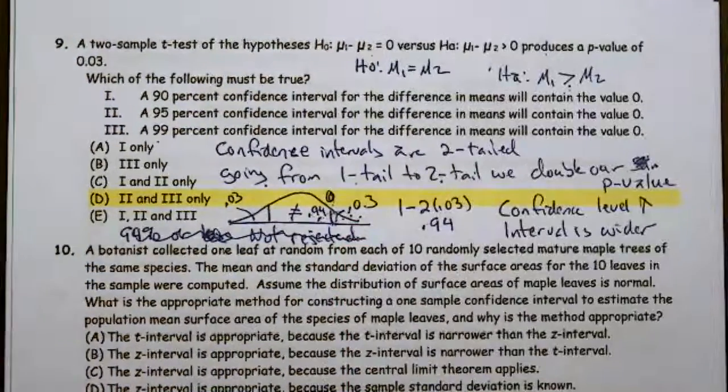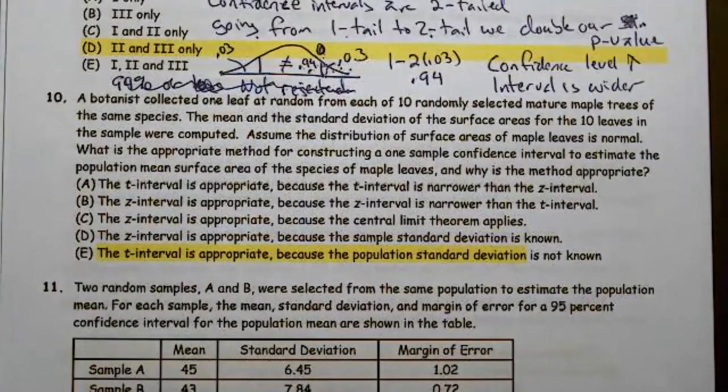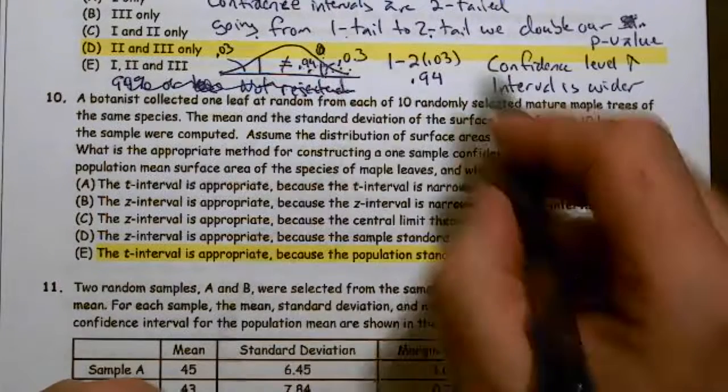All right, on number 10. A botanist collected 1 leaf at random from each of 10 randomly selected mature maple trees of the same species. The mean and the standard deviation of the surface for the 10 leaves in the sample were computed.